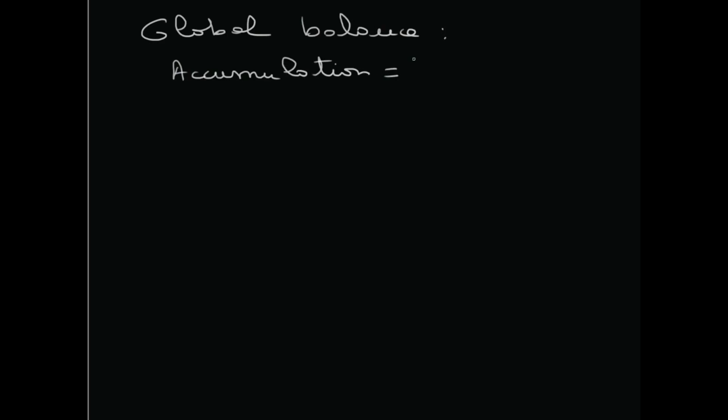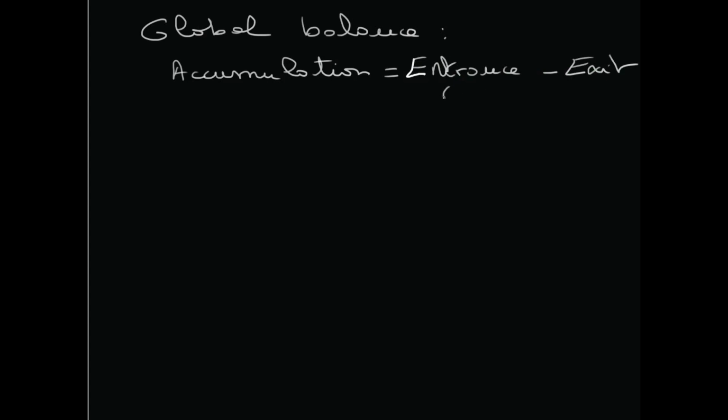We are going now to explain how to make a global material balance on a reactor. We will say first that accumulation is equal to entrance minus exit.